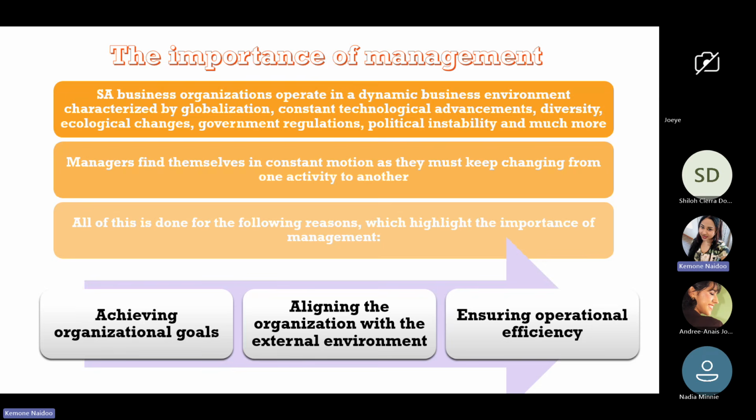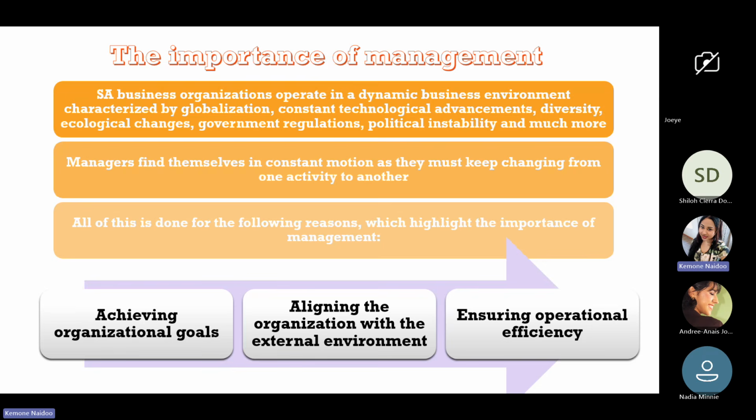Also, management is needed for aligning the organization with the external environment. So just understanding what's going on in our external environment, collecting necessary data and information that we can use for our internal strategies. That is how businesses stay successful, because they consistently do market research and see what is actually happening, what's in demand, what's changing.